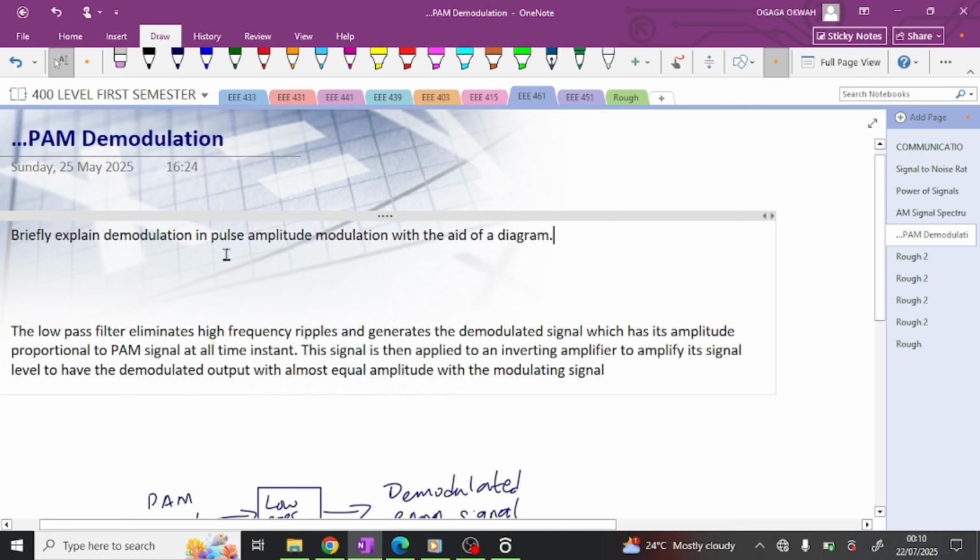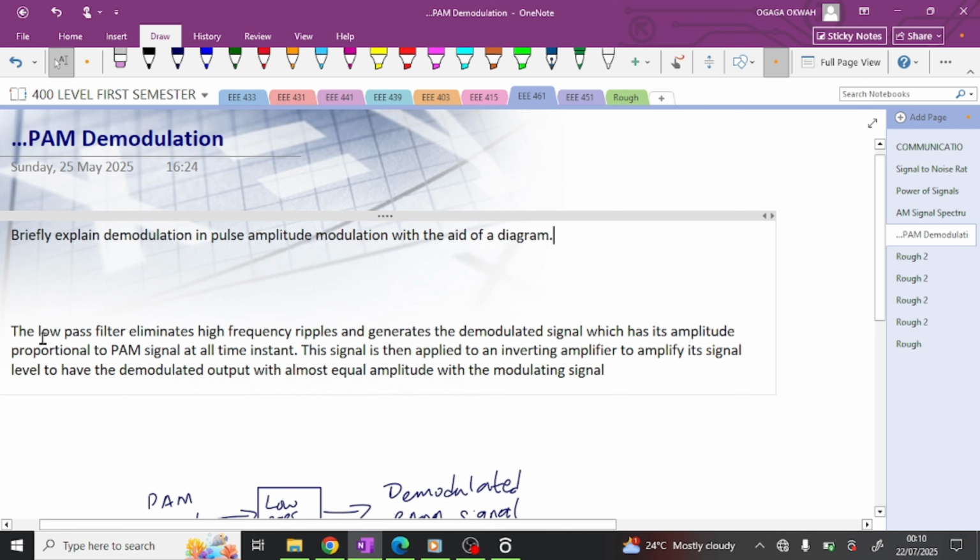To carry out this demodulation, we use a low pass filter. Note that most message signals are of low frequency, so a low pass filter allows low frequencies to pass, just like the name.